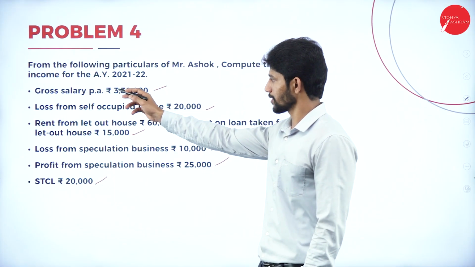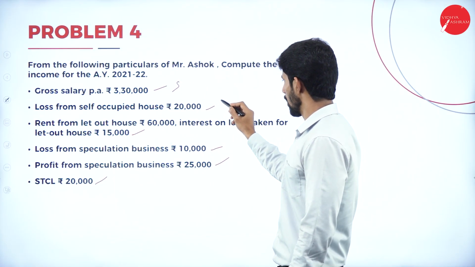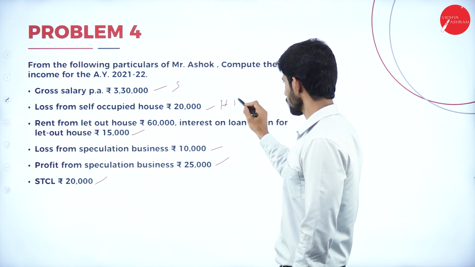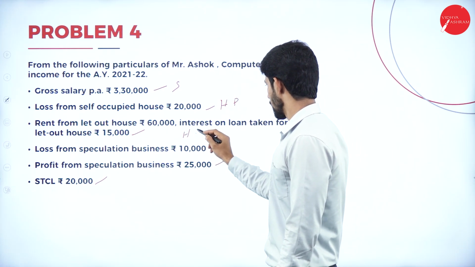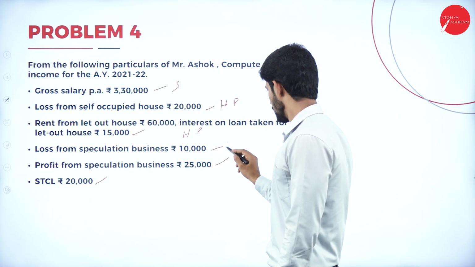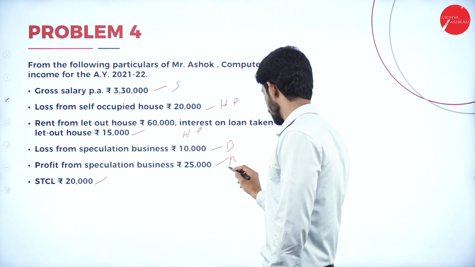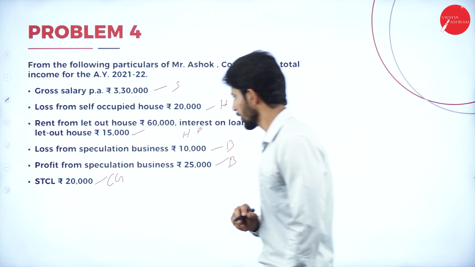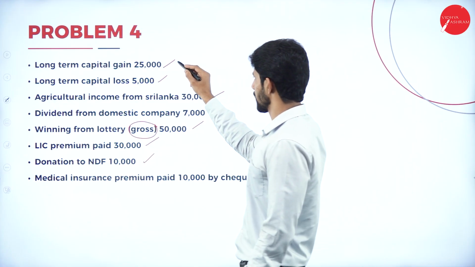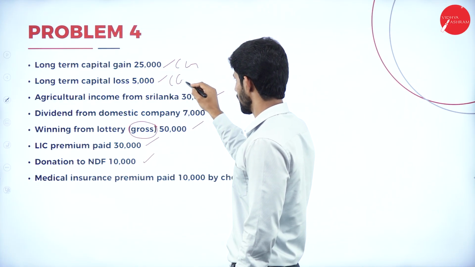So here the first information relates to salary, the next information relates to house property, and the third information relates to house property. The next information relates to business. Next, profit from speculation, this also relates to business. The short-term capital loss, long-term capital gain and long-term capital loss relate to capital gain.